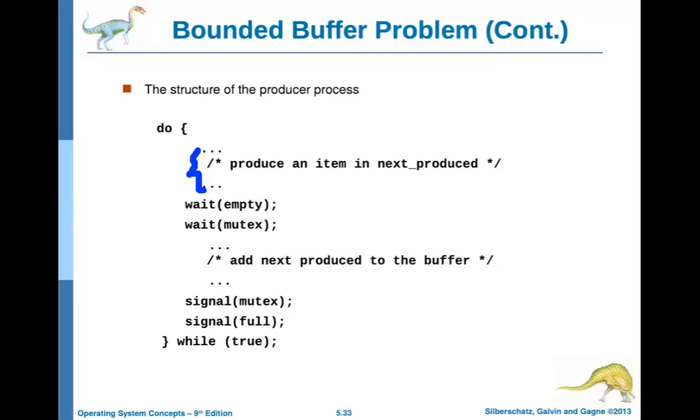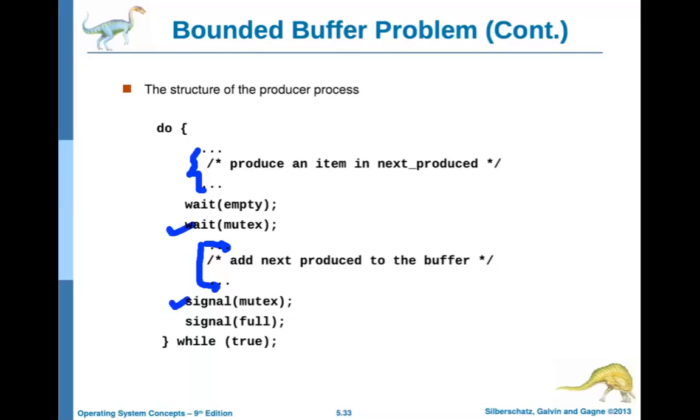Now the synchronization protocol is important here. Before adding this newly produced element into the buffer, you can imagine that as a critical section. So the very first part is, remember, because this is a critical section, it uses wait on mutex and signal on mutex.